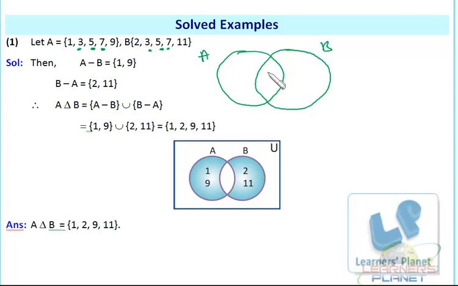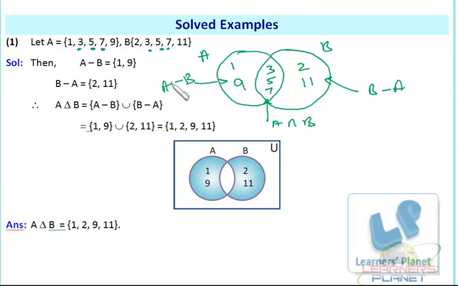So this portion is A intersection B. So apart from 3, 5, 7, we have 1 and 9 in set A, and in set B 2 and 11. So this is B minus A, this is A minus B.